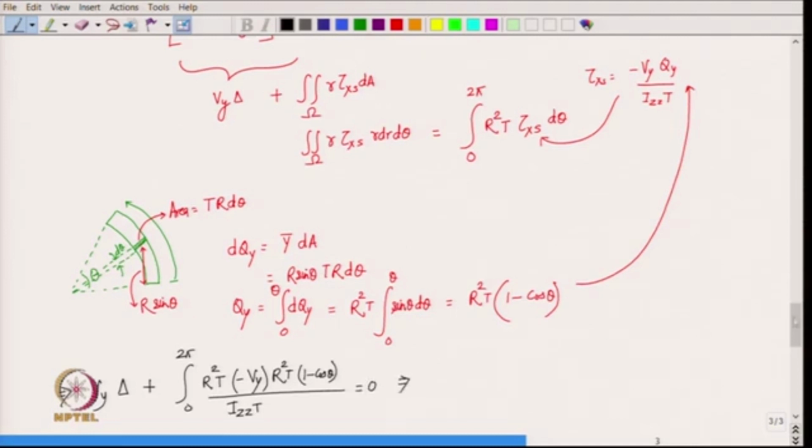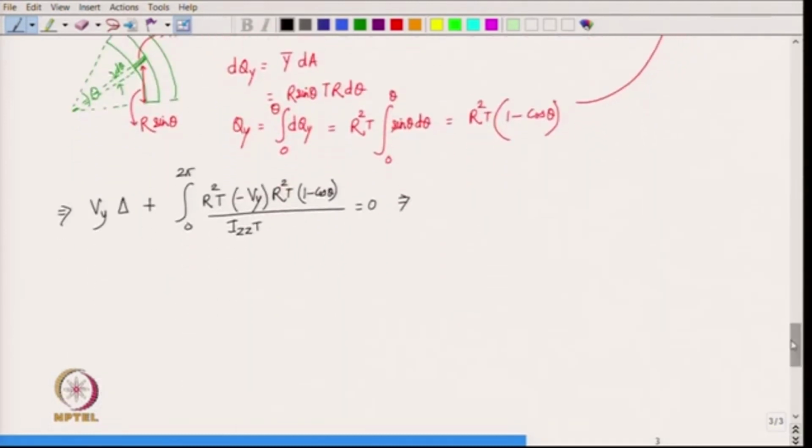So, this further implies Vy into delta plus r to the power 4 into t square divided by Izz times the thickness t into minus Vy, and then integration 0 to 2 pi 1 minus cos theta d theta.